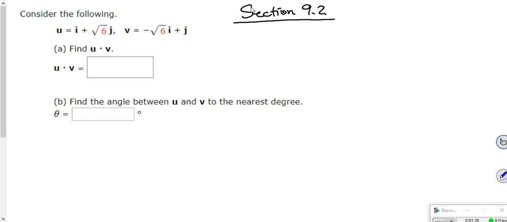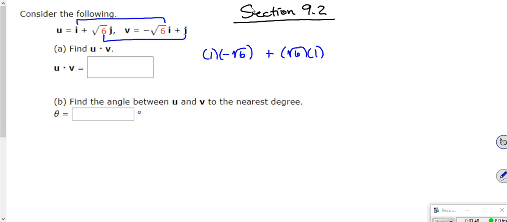So your dot product is going to be 1 times negative root 6 plus root 6 times 1. This was your I component, and these were your J components. So you take the product of your I's, plus the product of your J's.